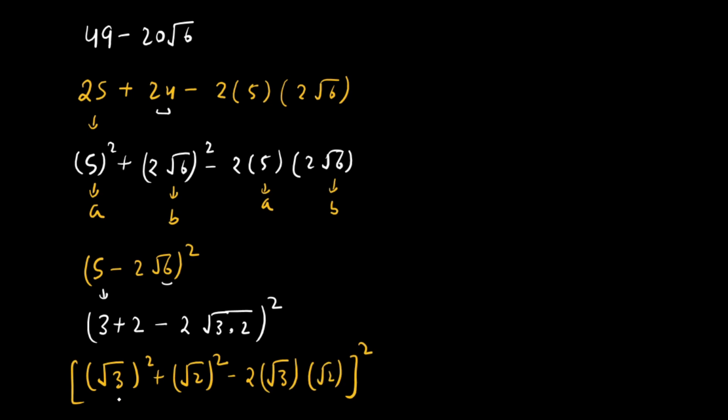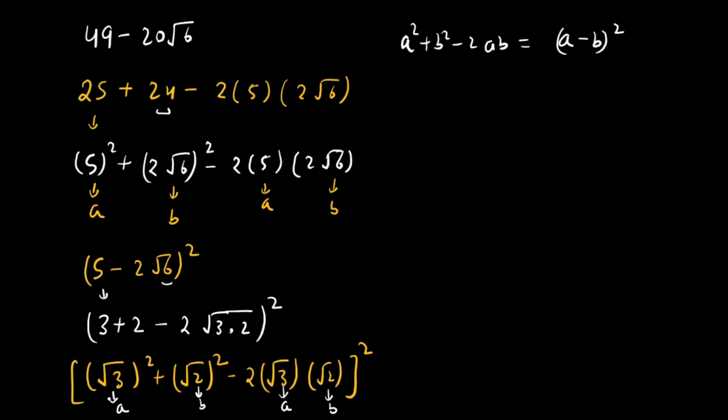Now if we substitute square root of 3 as A and square root of 2 as B, then here we will apply the algebraic identity, that is A square plus B square minus 2 times AB, which we know is the same as A minus B whole square.